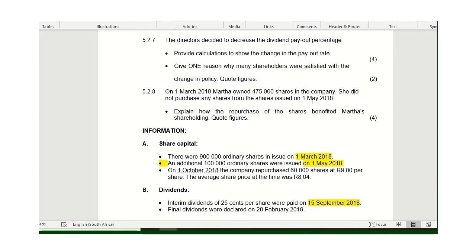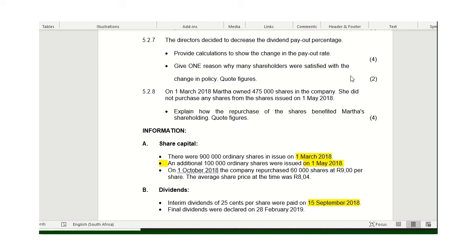So it is a management decision. So what the directors did, they decided to pay out less. They decrease the percentage. Now you've got to provide calculations to show the change in the payout rate.